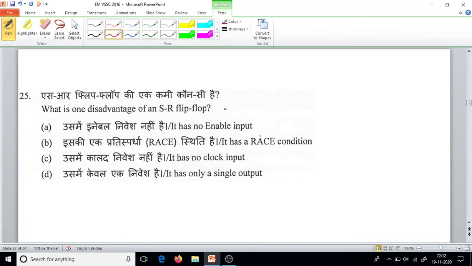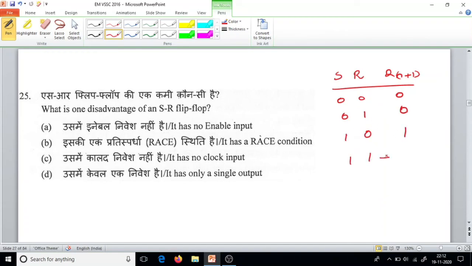What is one disadvantage of SR flip-flop? We'll just write the flip-flop outputs. When both inputs are 0 0, output also stays 0. When it is 0 1, reset, the output will be 0. When it is 1 0, set, it will be 1.